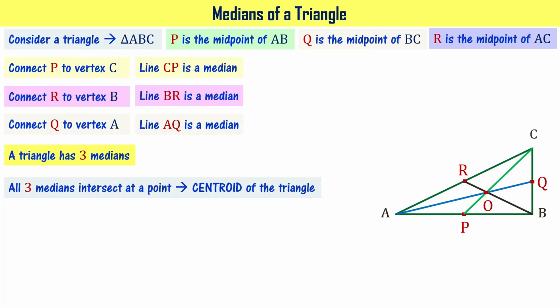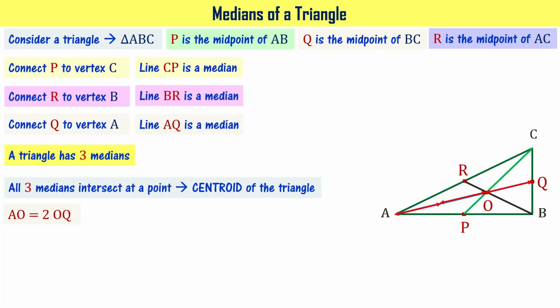It means O is the centroid of the triangle ABC in this particular case. I'm taking the measure of line segment OQ. As you see here, the length of line segment AO is equal to 2 times the length of line segment OQ, right? Let me write that: AO equal to 2 times OQ.